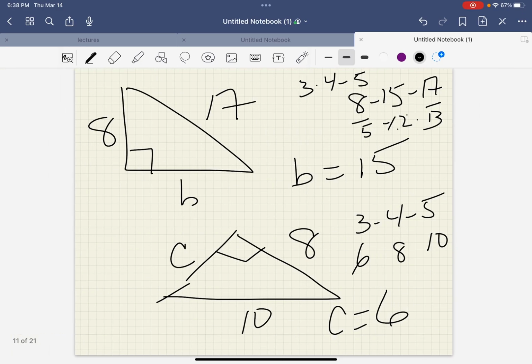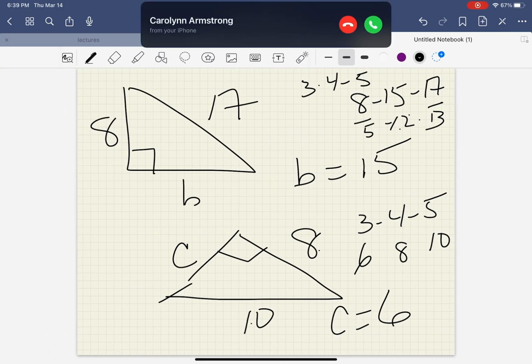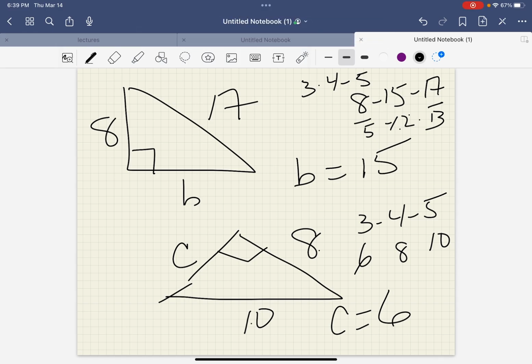So this one back here had 8 and 10, it was a multiple of the 4 and the 5. So that's why I figured out what it was. 4 times 2 was 8, 5 times 2 is 10. So if I take this 3 times 2, that gives me what the missing side was.